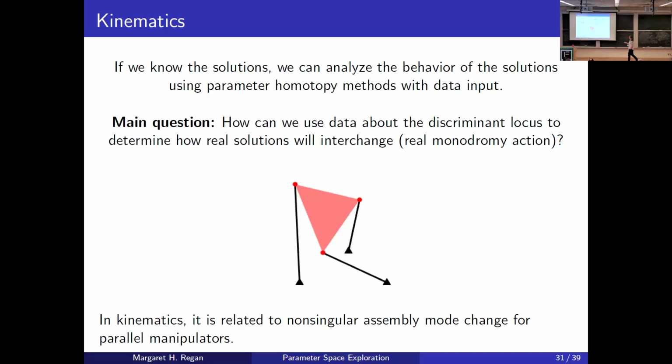So what we did was use the discriminant locus again, or a sampling of the discriminant locus, because we don't have the polynomial, to try to answer this question of how real solutions interchange with real solutions.